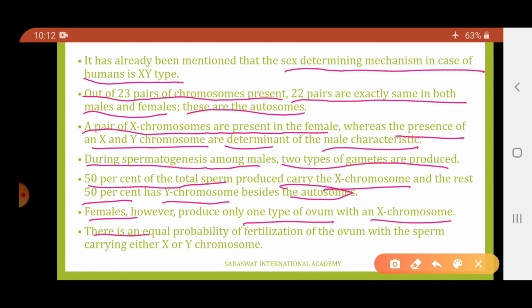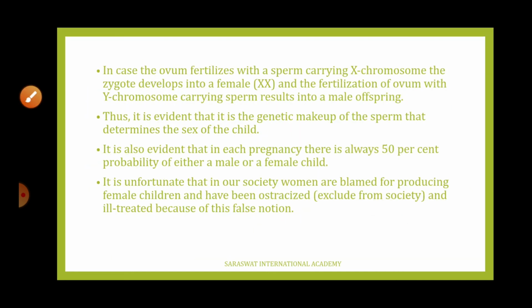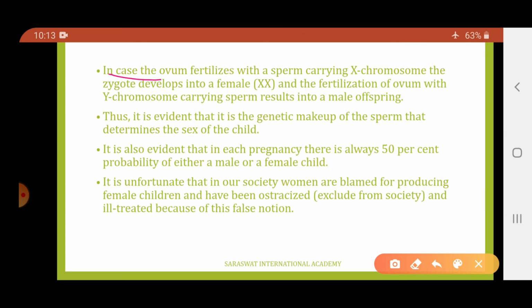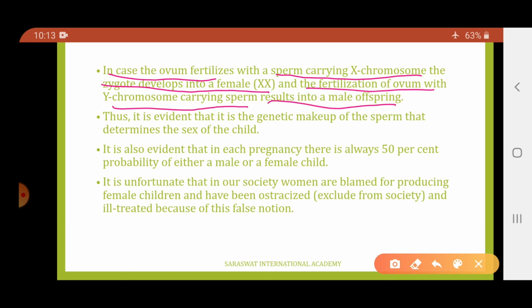So, there is an equal probability of fertilization of the ovum with a sperm carrying either X or Y chromosome. In case the ovum fertilizes with a sperm carrying the X chromosome, the zygote develops into a female, that is XX, and fertilization of the ovum with a Y chromosome carrying sperm results in a male offspring, that is, it will have the composition XY, right.